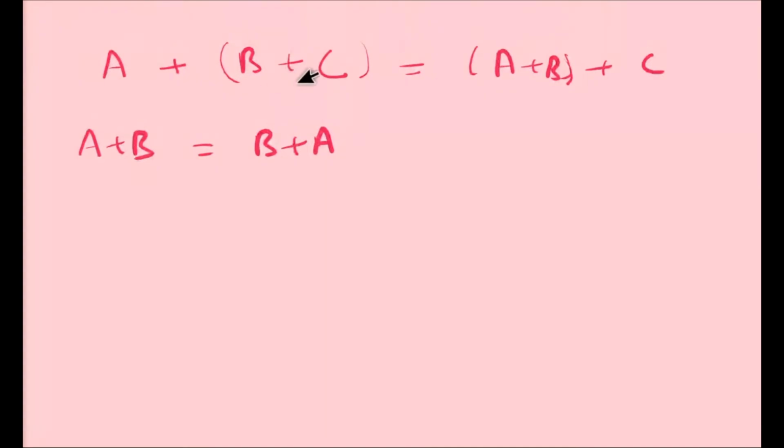So if you add this, the order should be same and the resultant order will also be the same. So it is commutative law, it is associative law. Addition can follow this law. That is commutative law.